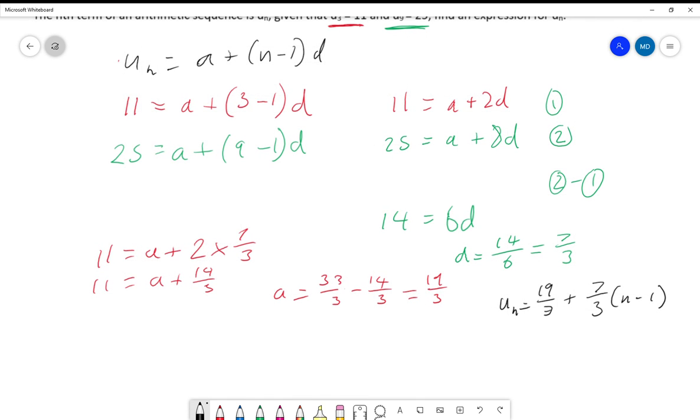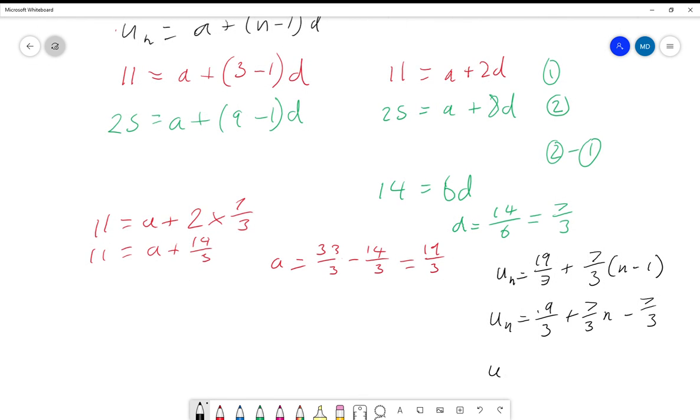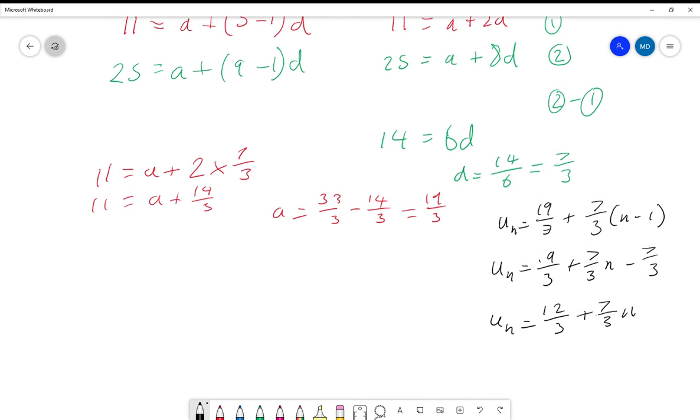And then to simplify it, we can get un is equal to 19 over 3 plus 7 over 3 n minus 7 over 3, or un is equal to 12 over 3 plus 7 over 3 n, which is un is equal to 4 plus 7 over 3 n. And there you have it. That's arithmetic sequences in a nutshell.